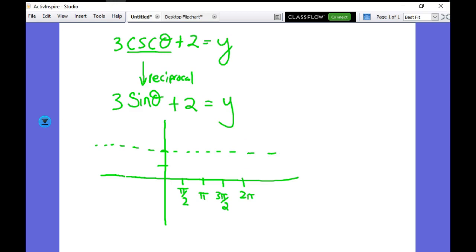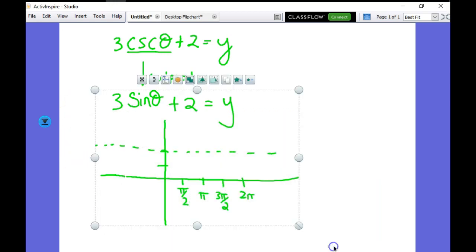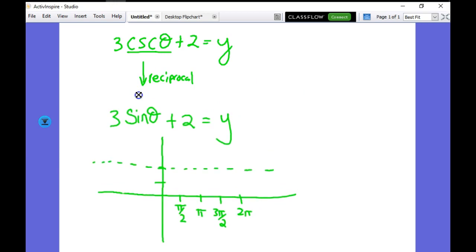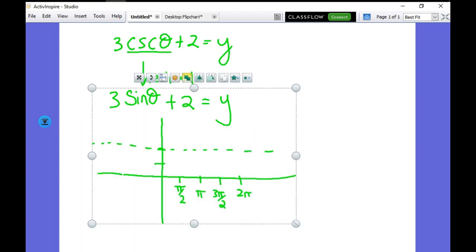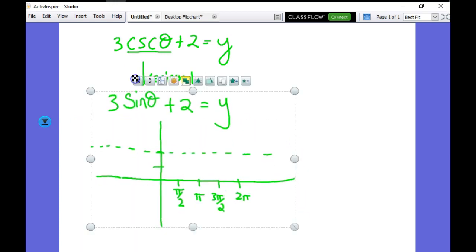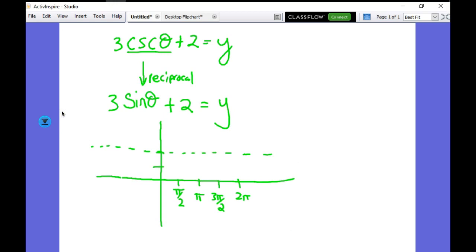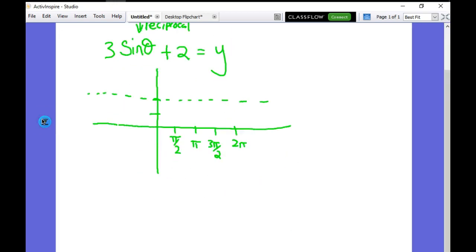And my amplitude is 3, right? So where's my maximum going to be? Okay, 3, 4, 5. And where's my minimum going to be? -1.